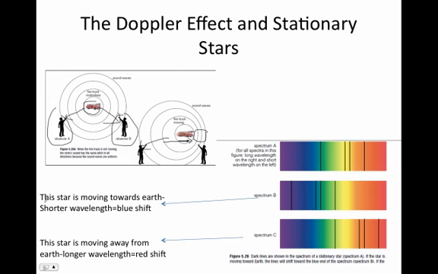A star that's giving off some sort of electromagnetic radiation, if it's coming towards the Earth, it'll have a shorter wavelength, which means that it'll be blue shifted more to the left on our absorption spectrum. And if a star is moving away from us, according to the Doppler effect, its spectral lines will be slightly shifted towards the red colors on the spectrum. So they won't quite line up.